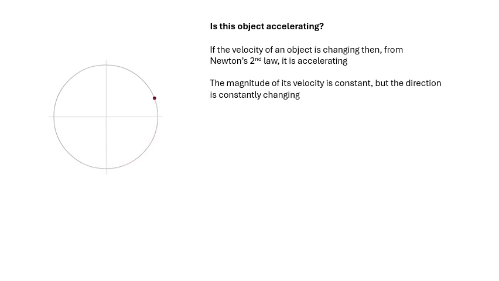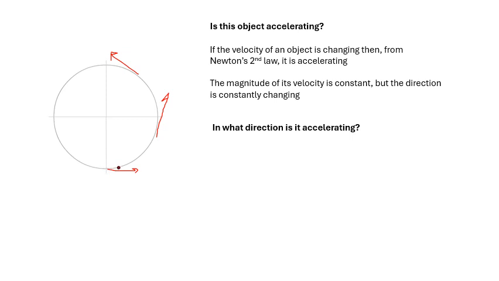In other words, the speed is constant, but the direction is constantly changing. Okay, if I get my pen up. So the direction of the velocity, it's there, and then it's there, and then it's there. So the direction is changing. Therefore, it is accelerating. Its velocity is changing.